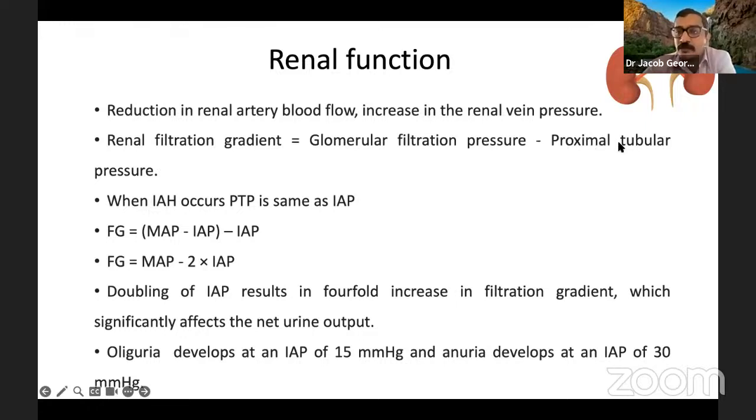And when the proximal tubular pressure equals IAP, the filtration gradient is MAP minus IAP minus IAP, which is MAP minus 2 times IAP. So if you have a doubling of IAP, that results in a fourfold increase in the gradient, which significantly affects your net urine output. You tend to develop oliguria when you have an IAP of 15, and anuria develops when your IAP touches 30 millimeters of mercury.